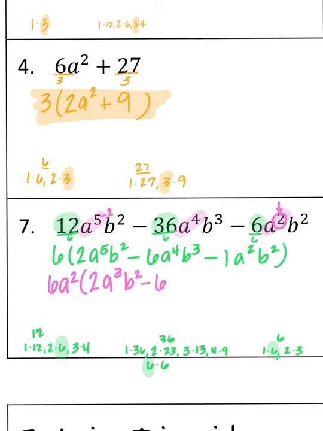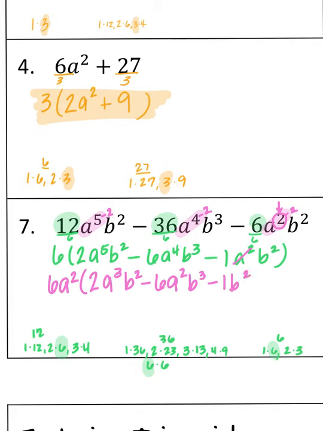Minus 6, and a to the 4th, I'm subtracting 2 there, so I have 6a to the 2nd, bringing my b down, b to the 3rd, minus 1, and a to the 2nd, so 2 minus 2 is 0, so I don't have any a's left there.